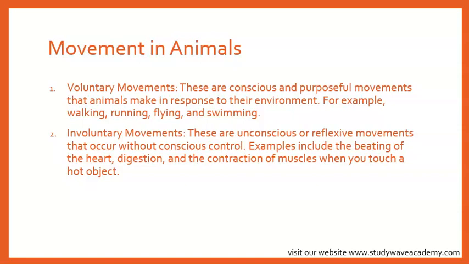Then, involuntary movements. These are unconscious or reflexive movements that occur without conscious control. Examples include the beating of the heart, digestion, and the contraction of muscles when you touch a hot object. Involuntary movements happen automatically, like the heart beating or digesting food.